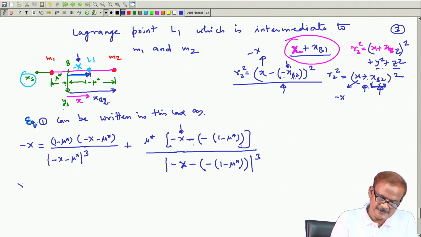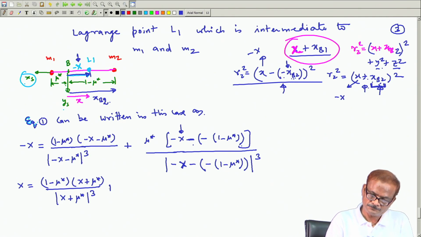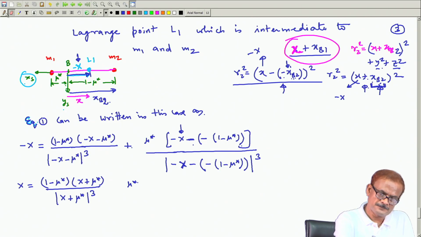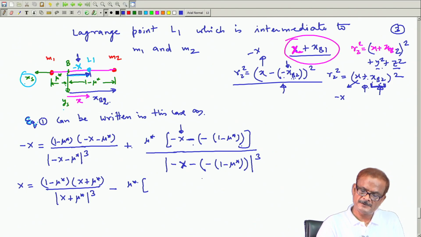And then let us rearrange it. So, we have if we take this minus sign, so this we can make here minus, we can replace this with a minus sign mu star, and here we have to be careful.